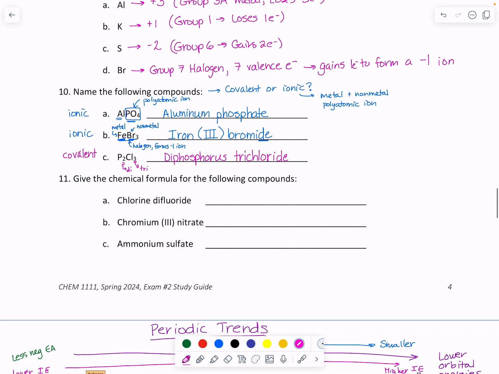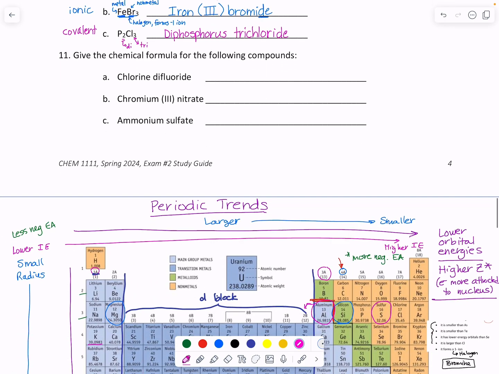All right, so now we'll give the chemical formulas, but we're first going to identify which of these things are covalent versus ionic. So we have chlorine and fluorine. Chlorine is over here, fluorine is over here. They're both nonmetals, so that is a covalent compound.